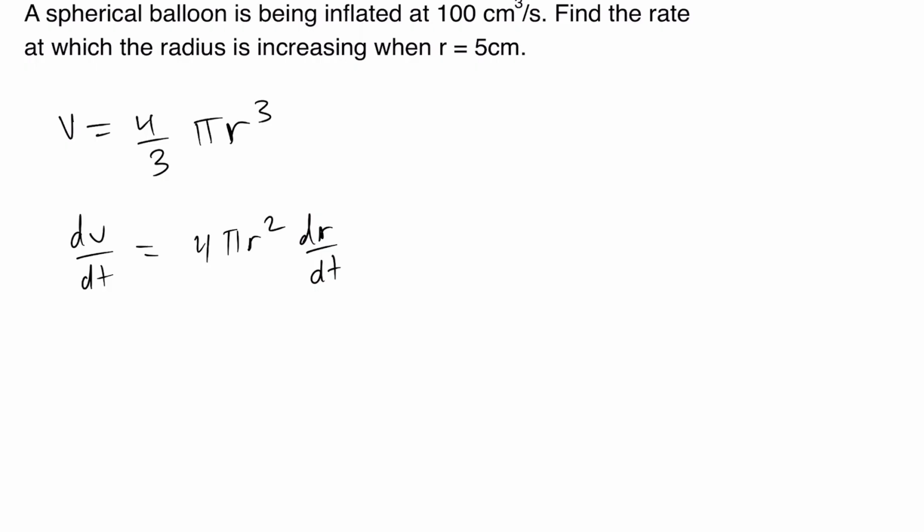And then our next step here is going to be to plug in 100, since that is the given information we have in our question. So we're going to go 100 is going to be equal to 4 pi 25 dr over dt.